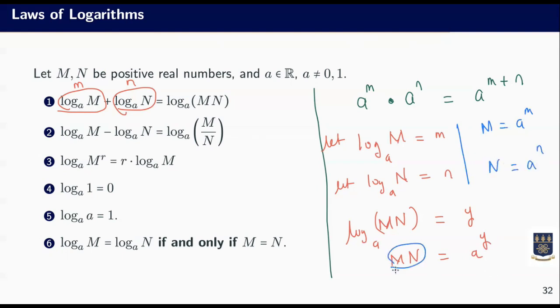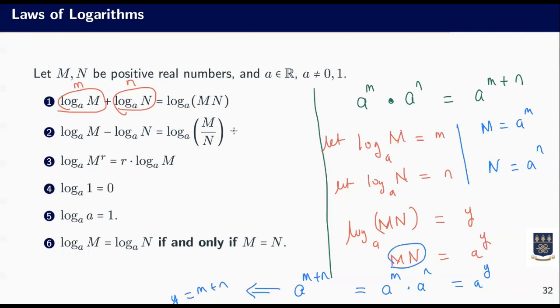So it means we're going to have a to the small m times a to the small n equals a to the y. From the rules of indices, this is a to the m plus n. So y is m plus n. And so you realize that we're using the laws of indices, converting them into logs and getting the exact numbers that we have here. So this works out.